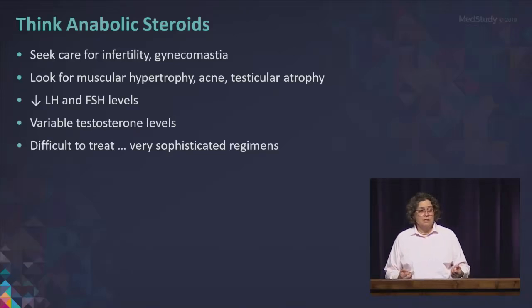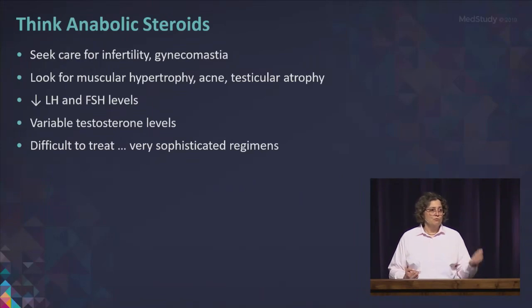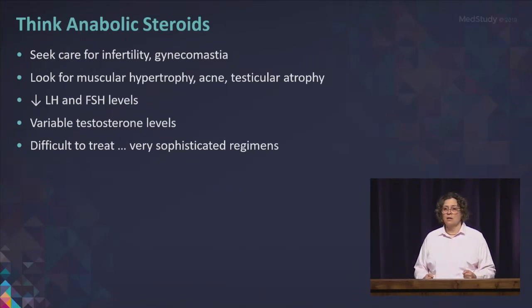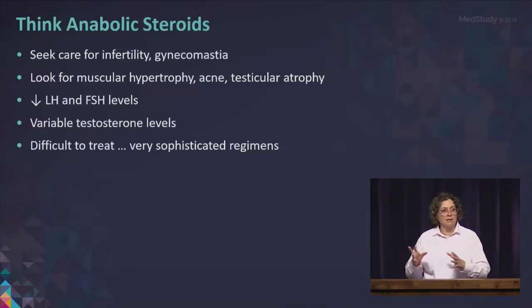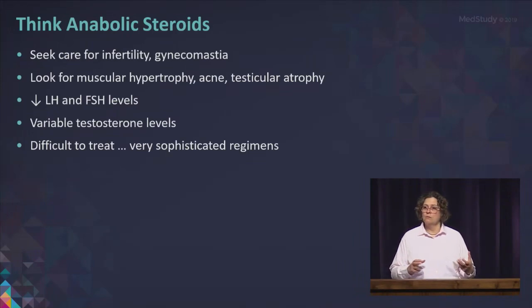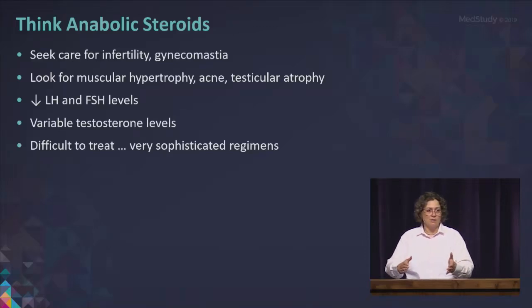These patients are generally very difficult to treat because you will never feel as good as you feel on super high doses of testosterone. So even when I normalize you or make it physiologic, you're not going to like me. And these regimens are very sophisticated, so it's hard to know exactly at what point you interject, what is the right thing to do.